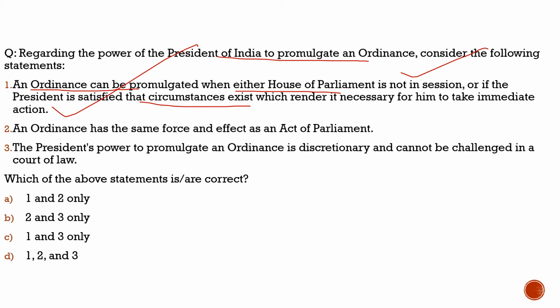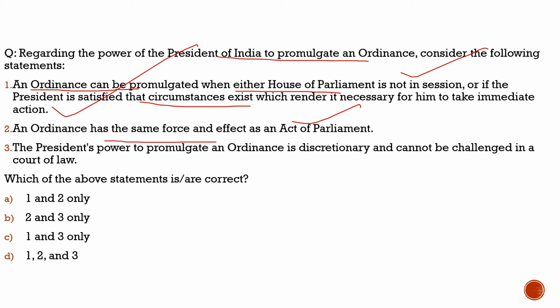Second statement, an ordinance has the same force and effect as an act of parliament. 100% correct. But after the parliament is in action, they will try to make it a legislative act, and if they do not pass it, then this ordinance will not remain in force.